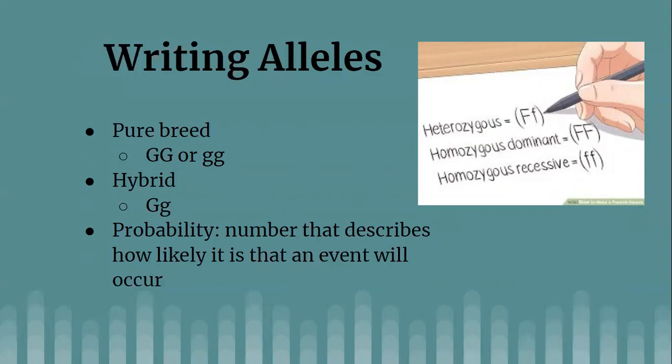Remember that each trait is represented by two alleles, one from the mother and one from the father. Depending upon which alleles are inherited, the offspring may be pure breed or a hybrid. Mendel's work was quite revolutionary. Prior to his work, many people assumed that all traits in offspring were a mixture of each parent's traits. Mendel's experiments, where traits appeared in the F2 generation that were not in the F1 generation, disproved this idea.